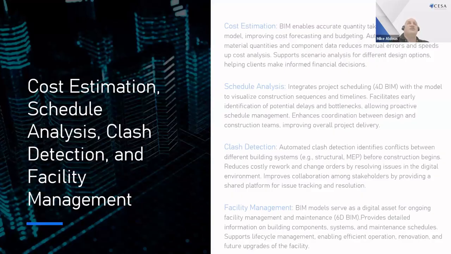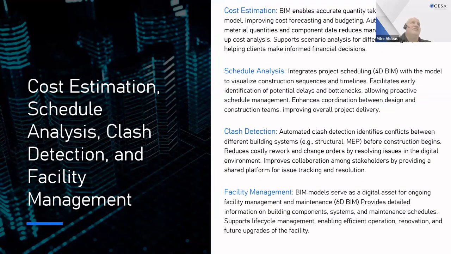So if we look at some of those value-added services, I think probably the most useful one that people are aware of is cost estimation. Having built your model with the relevant information, a beam knows it's a beam, a floor knows it's a floor, so you can assign costs and quantities and extract that from the model, which is then able to provide a fairly detailed cost analysis.